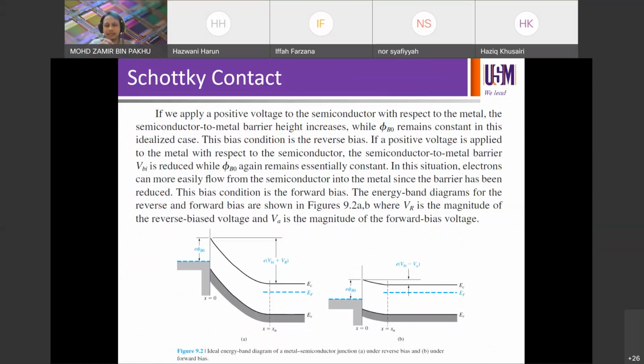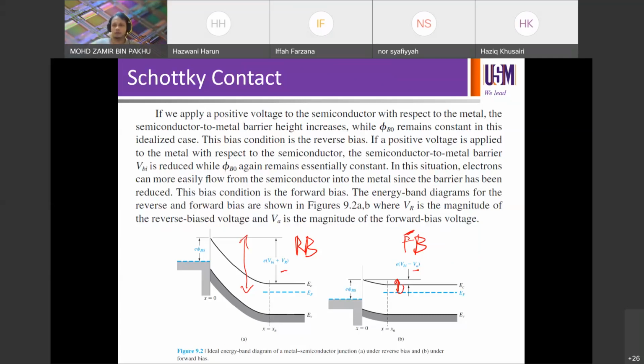Using your knowledge in PN junction. Reverse, right? There is no caption below. So here is the reverse bias plus VR. You can see the barrier height increasing. And then diagram B is about forward bias, the barrier height reducing. You see minus VA, plus VA. This barrier height is getting bigger, and this one is getting smaller, due to the application of the bias on the junction.